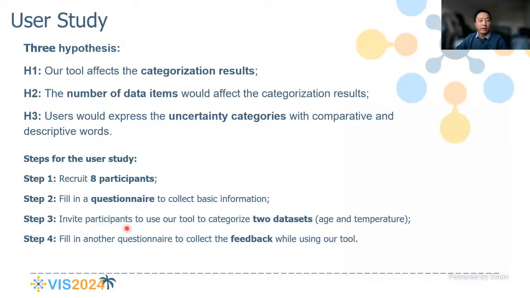Then we invited them to use our tool to categorize two data sets. They are general data sets such as date and temperature. Eventually, we also invited them to fill in another questionnaire to collect feedback after using our tool.